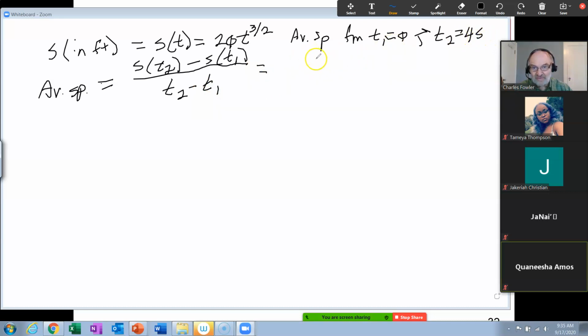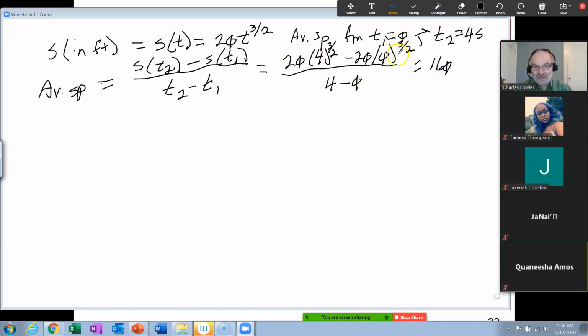Put T2 of 4 seconds in there: 20 times 4 to the 3/2 power minus 20 times 0 to the 3/2 power, divided by 4 minus 0. Now we already did that, remember? The square root of 4 is 2, 2 cubed is 8, 8 times 20 is 160.